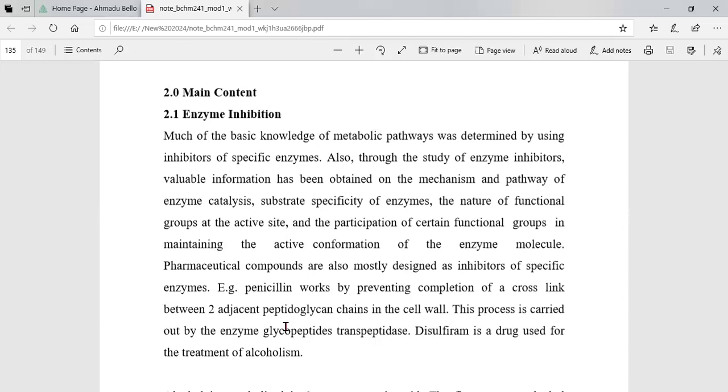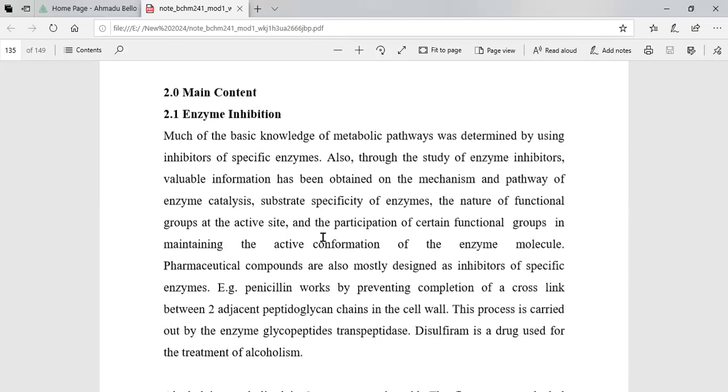So penicillin goes and inhibits the activity of glycopeptide transpeptidase, the enzyme that carries out the cross-linking of the peptidoglycan chains in the cell wall of the bacteria. Penicillin arrests the activity of that enzyme.